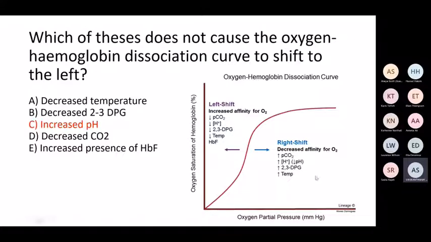Your right shift is due to an increase in the pH. Then you've got your increase in CO2, increase in your 2,3-DPG, and increase in temperature as well. So it was a bit of a mean trick question there.